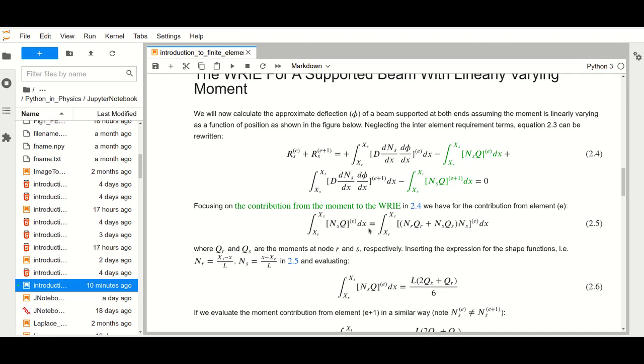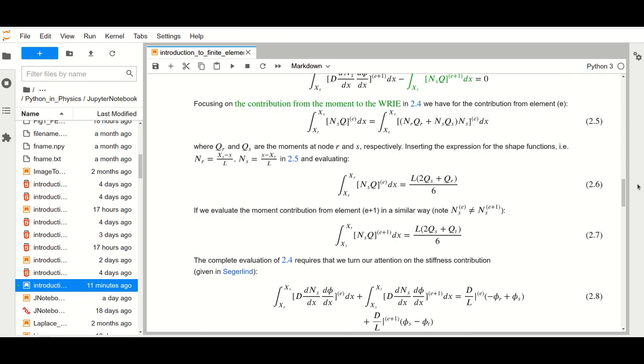So in 2.6 we evaluate this contribution from the moment by writing out how Q depends on NR, QR, NS, QS. And we finally evaluate this integral, and we determine that the integral, this one, is this term.